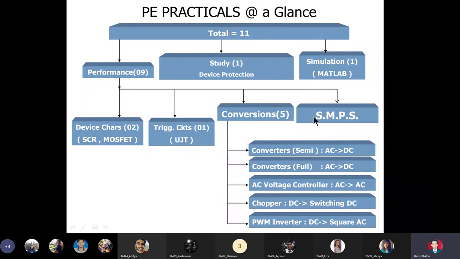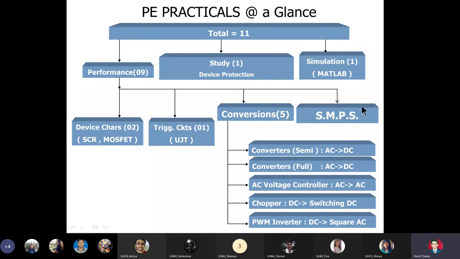As far as simulation is concerned, we are going to use the Simulink tool within the MATLAB environment in order to perform simulation of different power electronic circuits, and I will take a separate session to teach how MATLAB Simulink can be used for power electronic circuit simulation.